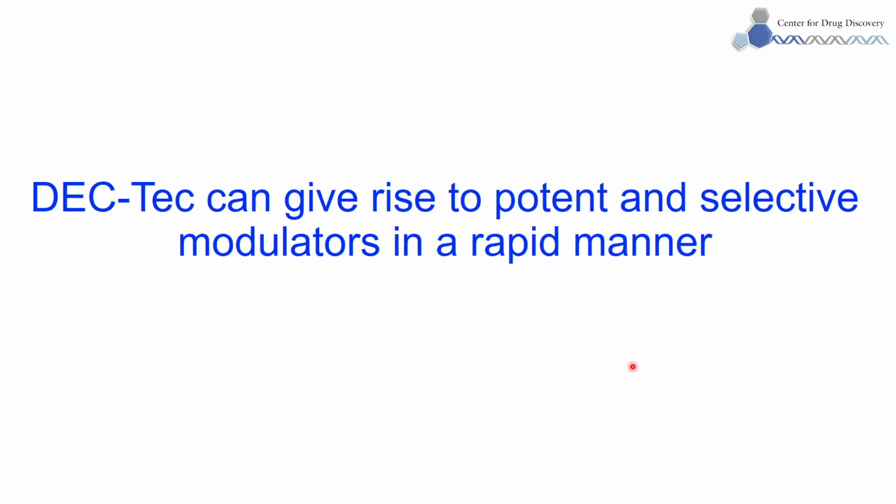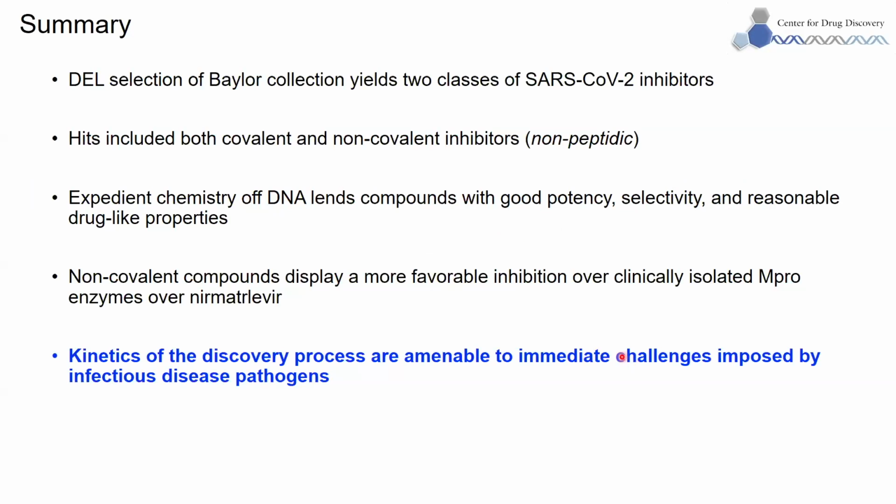So hopefully, I convinced you all that DEL can yield a distinct class of SARS-CoV-2 inhibitors, covalent and non-covalent, without much effort in the selection process, as well as non-peptidic inhibitors. We also found good potency, selectivity, and reasonable drug-like properties.